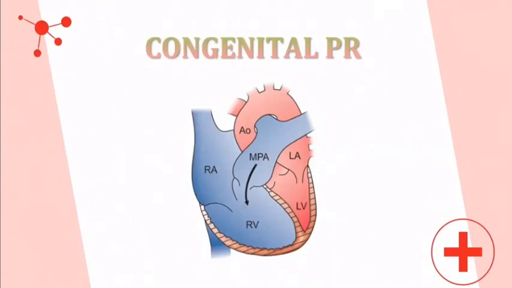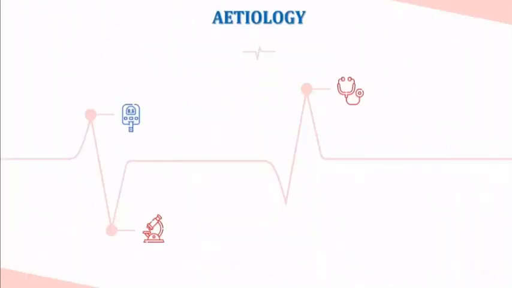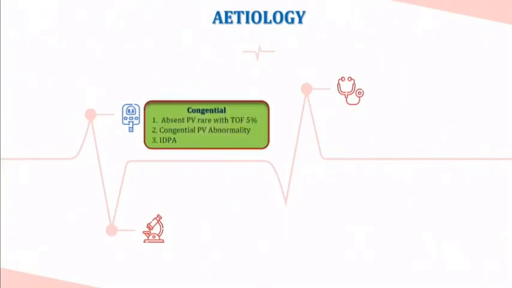To brief about congenital PR, not much we really read about it. The etiology would be congenital with TOF. In around 5% of cases, absent pulmonary valve is associated, where there is simultaneous pulmonary stenosis and pulmonary regurgitation. There can be a congenital pulmonary valve abnormality, or idiopathic dilation of the pulmonary artery.